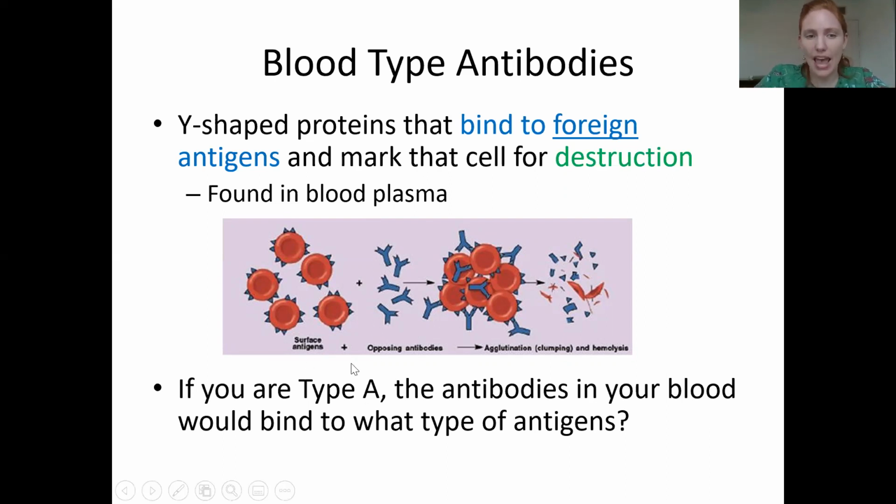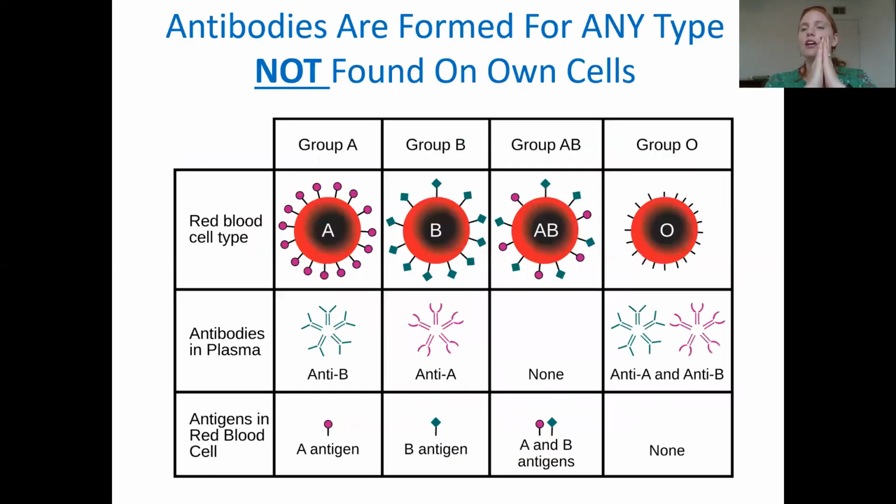So if you are type A, remember, type A means you have A antigens. Your A antigens are your self antigens. That means that you do not want exposure to type B, because type B antigens are not self. They are foreign. So what antibodies are you going to make if you're type A? You would make antibodies that bind and destroy type B. Any antigens that are not your own antigens have got to go.